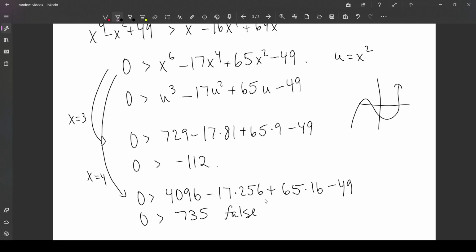And now what we want to show is that it's going to fail for all x greater than or equal to 4.